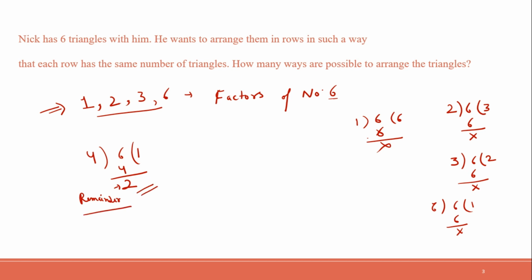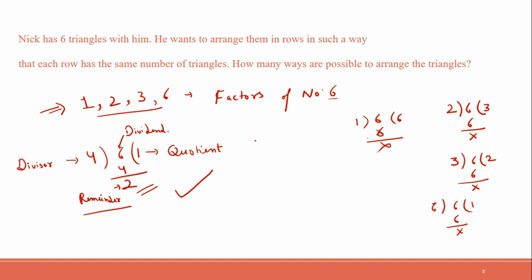It is the remaining part. This is the divisor, the number by which I am dividing. This 6 is the dividend. And this 1 is the quotient. I'll write it on a different page for you guys.